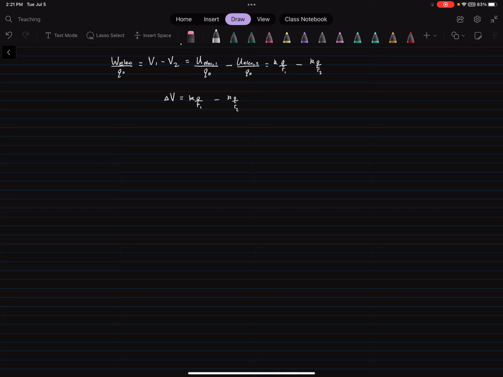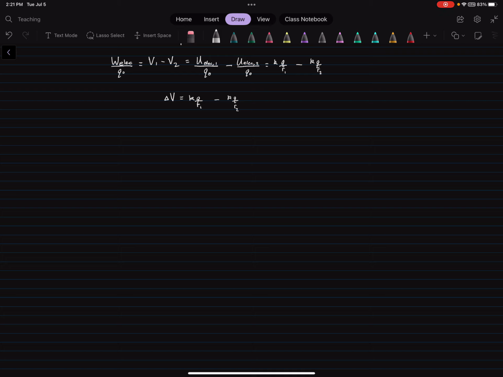Remember that these expressions are specifically for a point charge, but the same concept applies to collections of point charges and continuous charge distributions, like charged surfaces and charged volumes. So it applies in general.